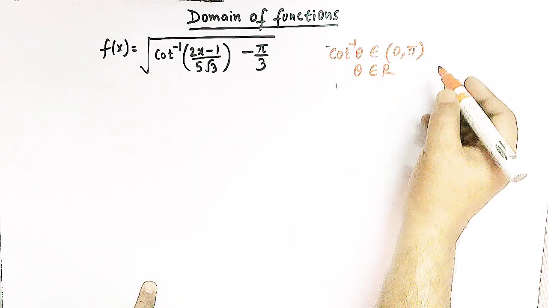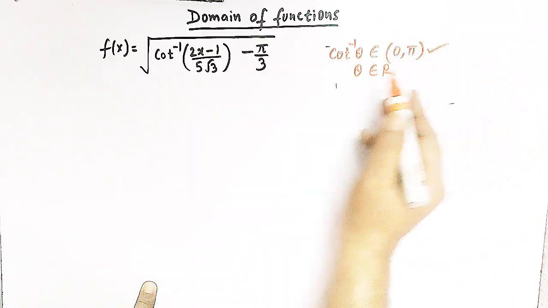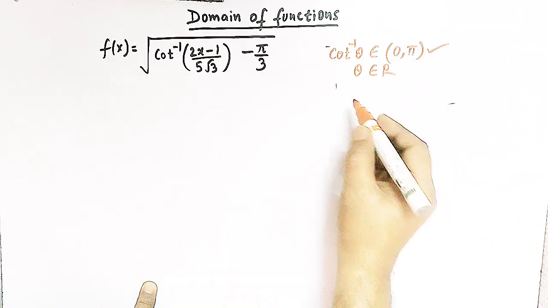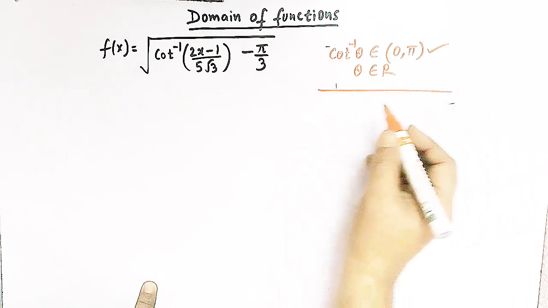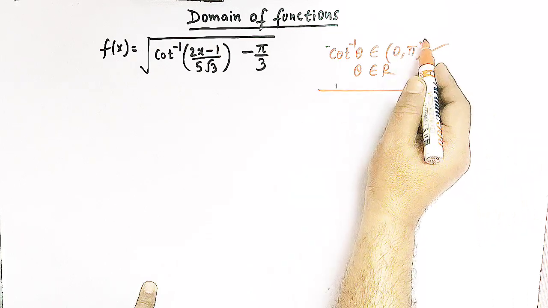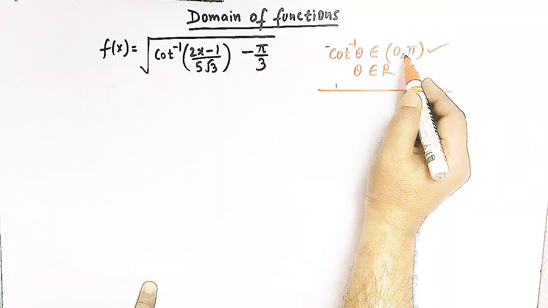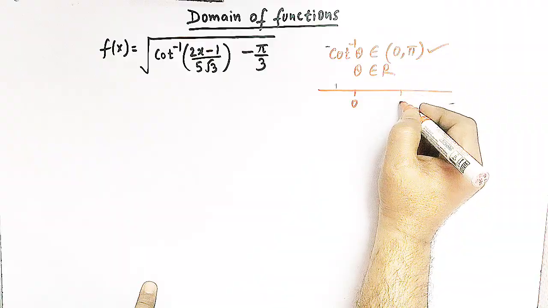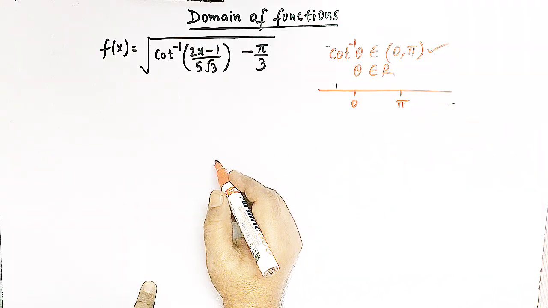So we'll make use of this concept to find the domain of f of x. Here we have the real number line, and here we have 0 to pi, an open interval.